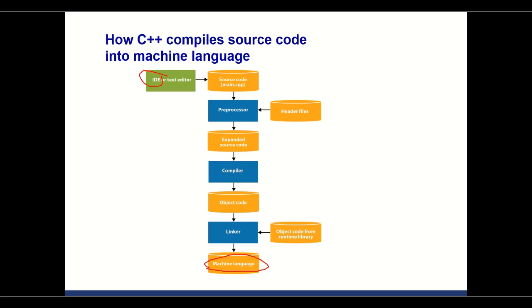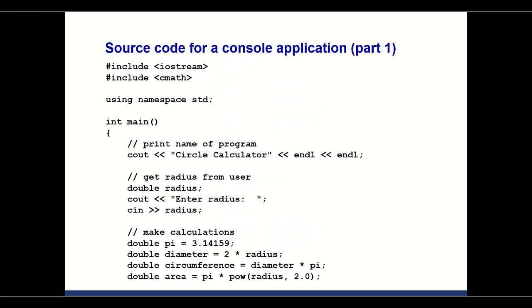In the first step, the preprocessor combines your source code with the source code from any header files. In your source code, you include header files, and they also have source code.